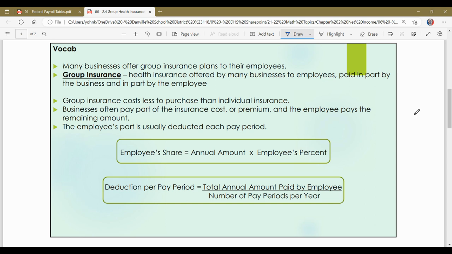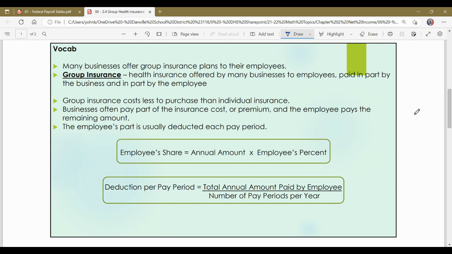So, many businesses offer these group insurance plans to their employees, which is health insurance that is offered to many businesses where part of the insurance is paid by the business and part is paid by the employee. Like, I have group health insurance through Danville High School, and Danville High School pays for part of the health insurance, and I pay for the other part.